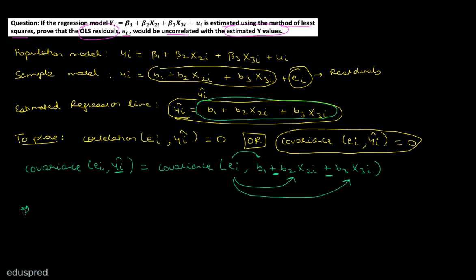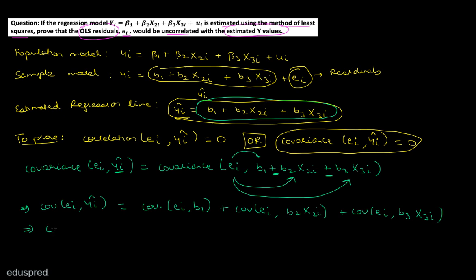So this implies that we can write covariance between ei and yi hat as covariance between ei and b1 plus the covariance between ei and b2 x2i plus the covariance between ei and b3 x3i. Now let's evaluate this further.